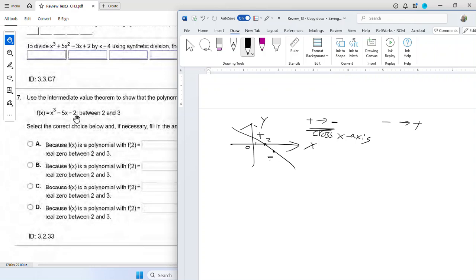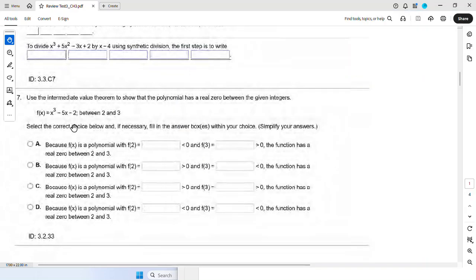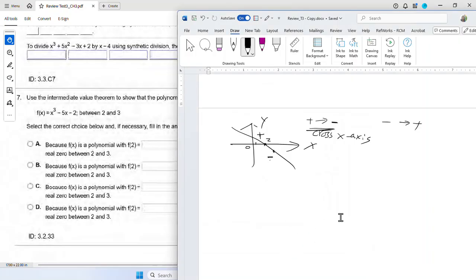How do we determine this one right here? We can calculate f of 2 and f of 3 really quickly. If we plug in f of 2, this will be 2 cubed minus 4 times 2, and 2 cubed is 8, minus 10, minus 2. So that is negative 4, which is less than 0.